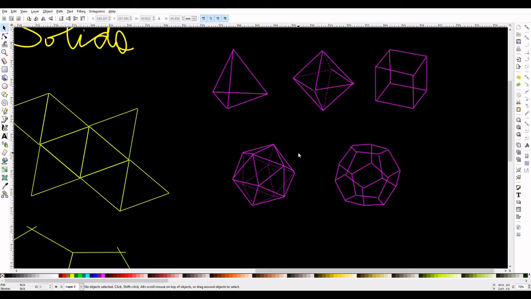The names of these polyhedra are the tetrahedra, the 4-faced guy, the octahedra, 8-faced, the cube, the dodecahedra, the 12-faced person, and the hardest one to remember, the icosahedron, which has 20 faces and is made up of triangles.